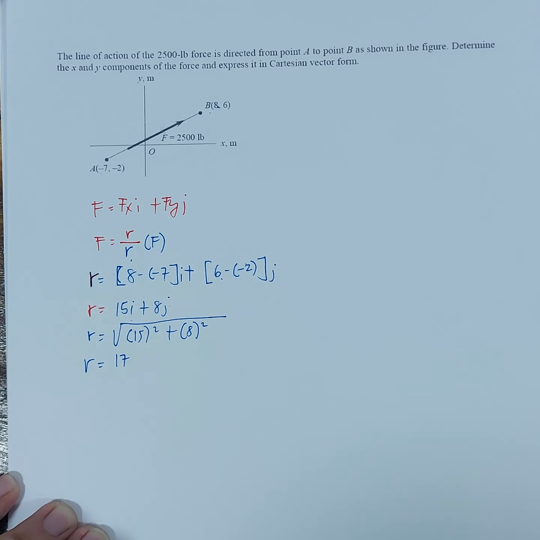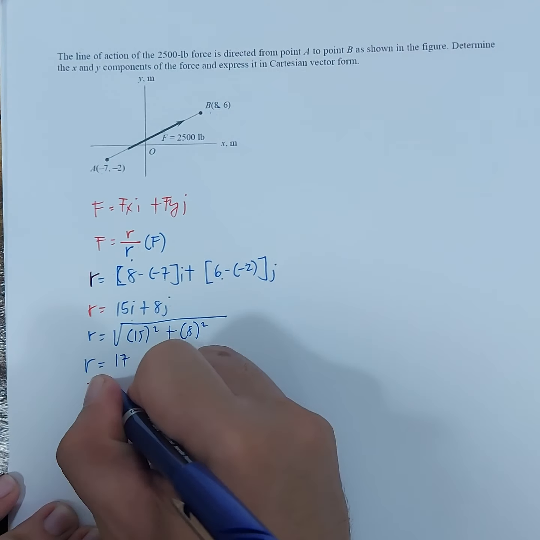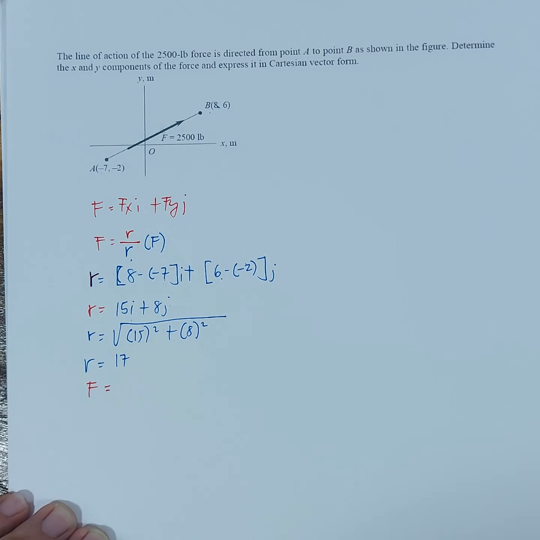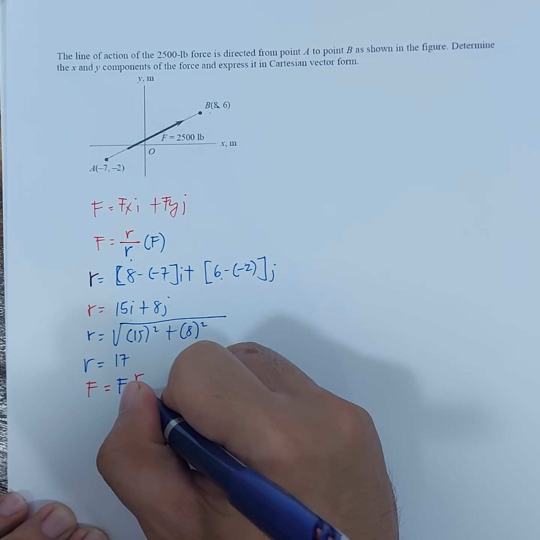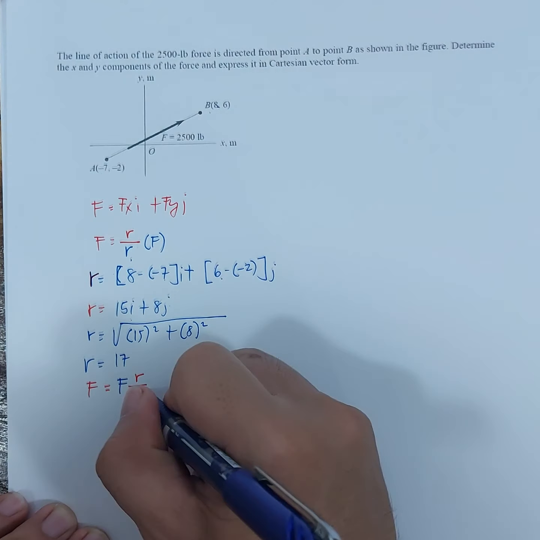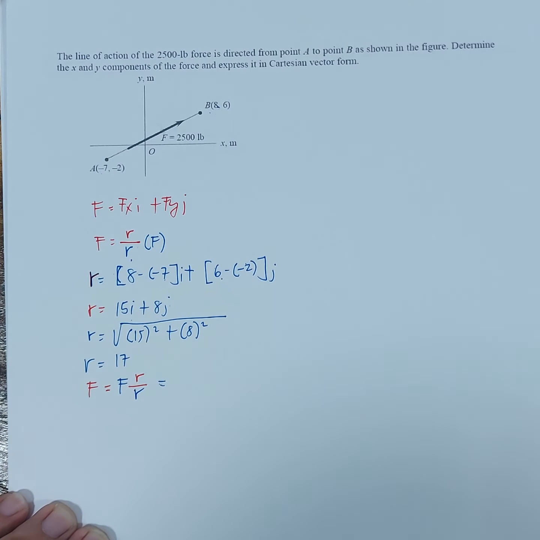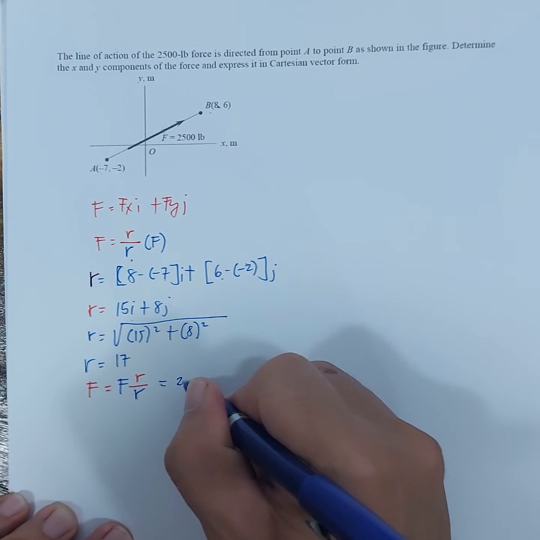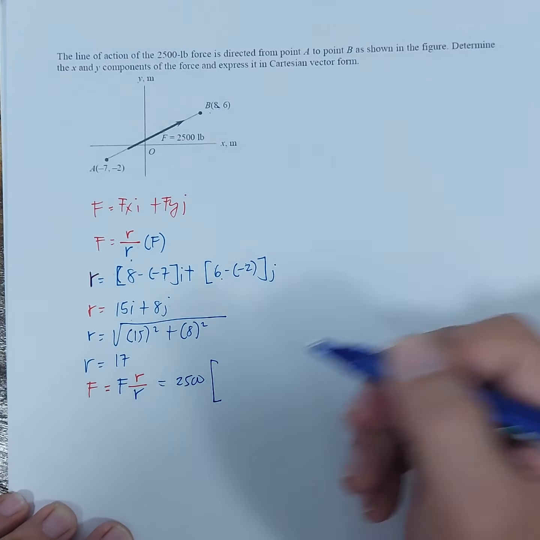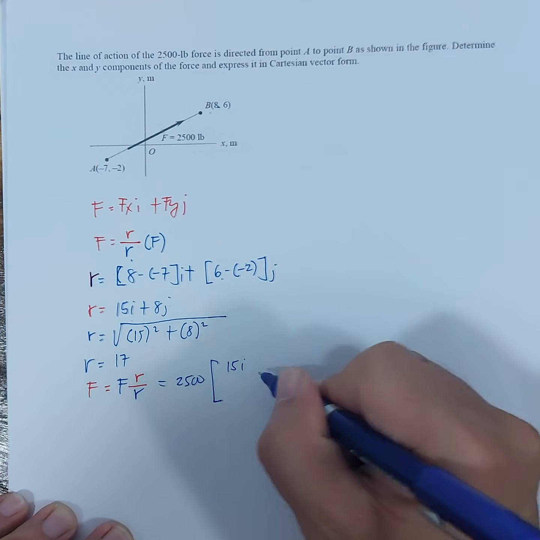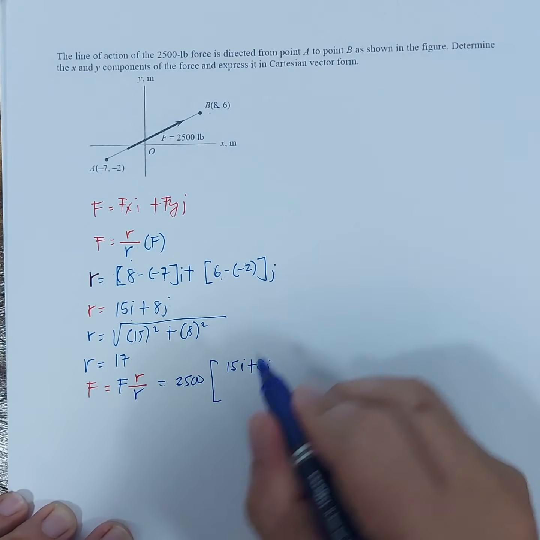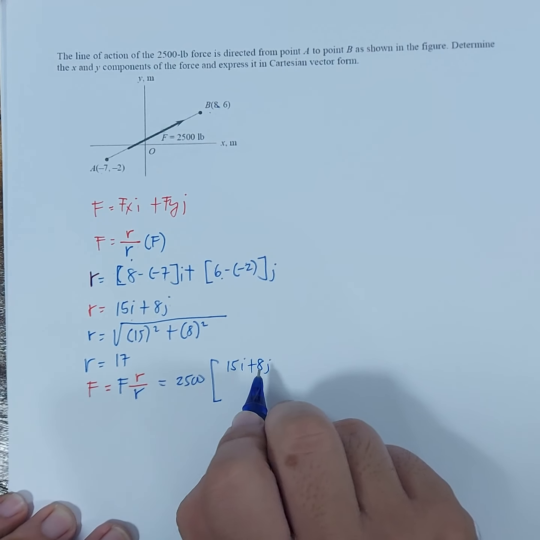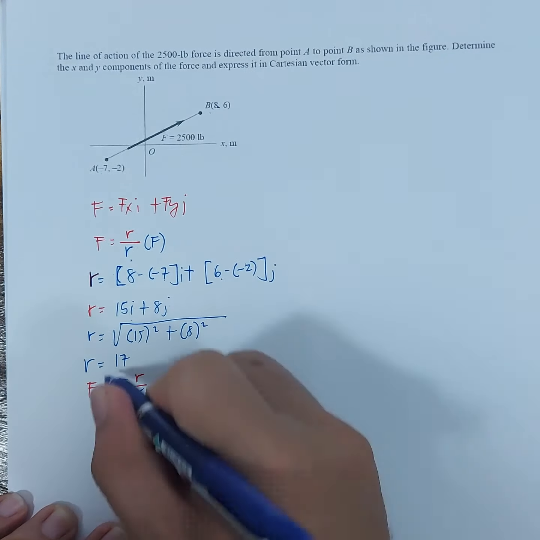So, we can now solve for the Cartesian vector form of the force, which is equal to F times R, the position vector, divided by the distance. So that's equivalent to 2,500 times, so we have 15i plus 8j, this is in meters, divided by 17.